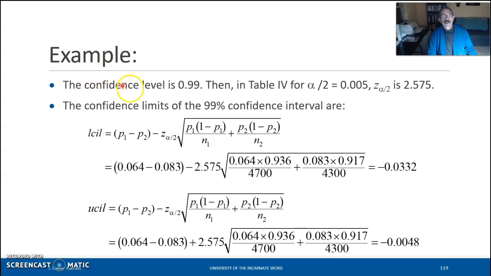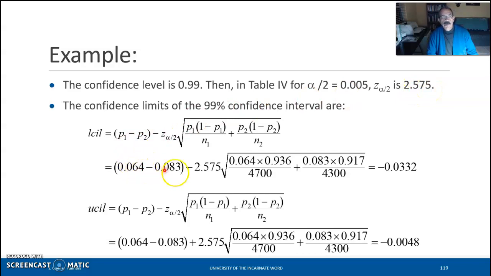All right, to do that, we use the confidence level of 0.99. Then we go into table 4 with an alpha divided by 2, because alpha is 0.01 divided by 2 is 0.005. And then you see from table 4 that this corresponds to a Z alpha over 2 of 2.575.